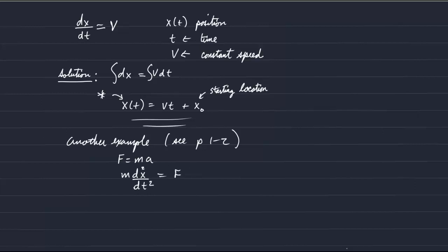And so this is a second-order differential equation. And this can be solved just as we did above, simply by integrating. Okay, so it's a relatively simple equation because all we have to do to solve this is to integrate.